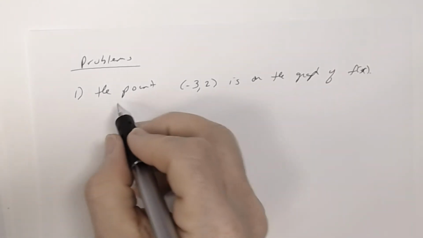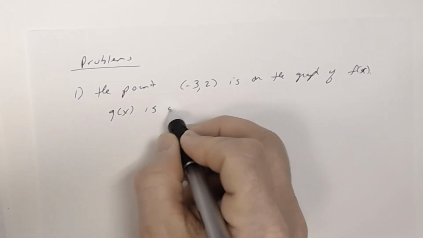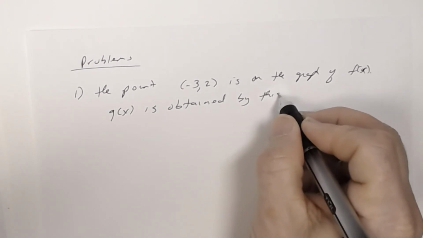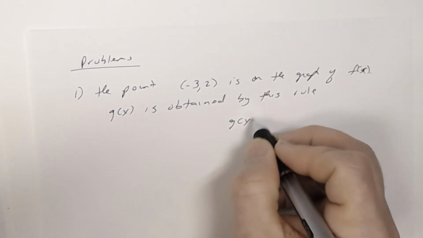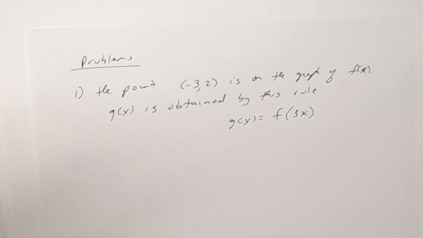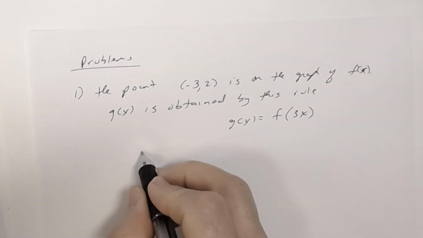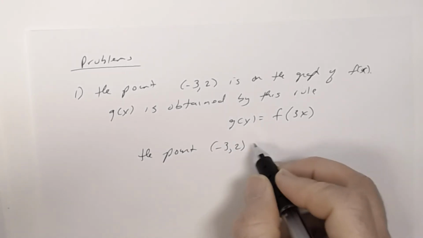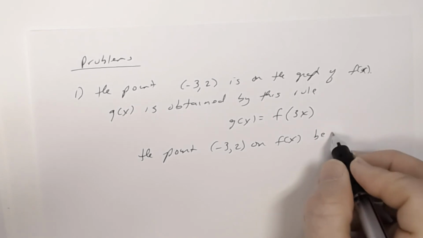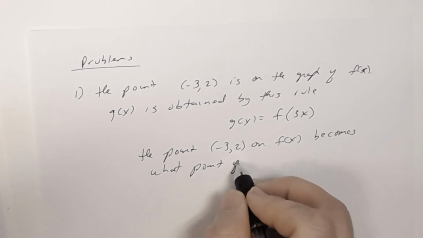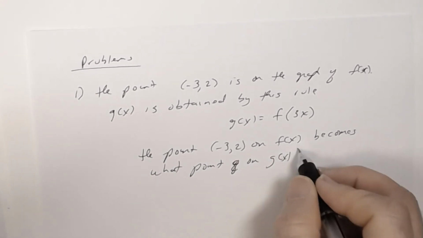All right. g of x is obtained by this rule: g of x is equal to f of 3x. So then the question is, the point (-3, 2) on f of x becomes what point on g of x? That's the question.